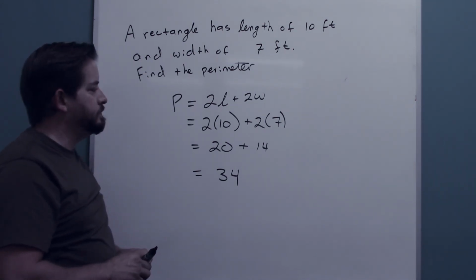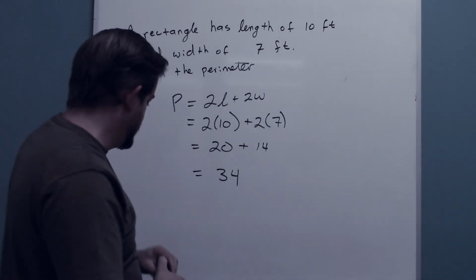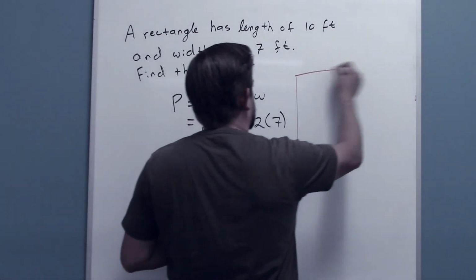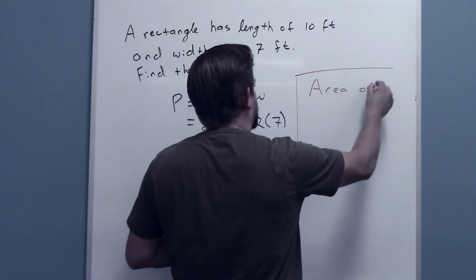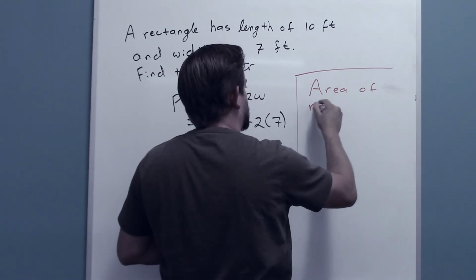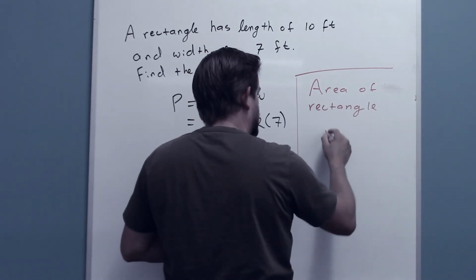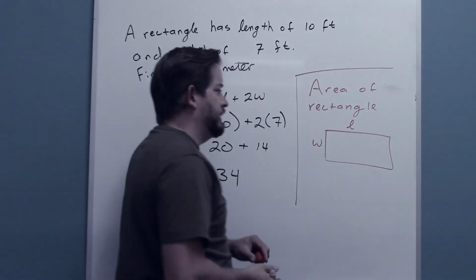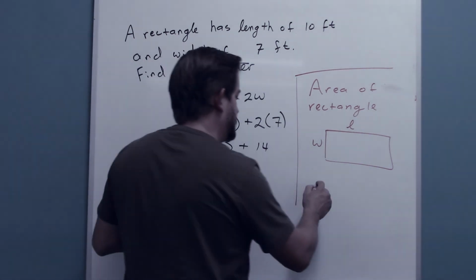Okay. Good. We can also take a look at the area of a rectangle. That same rectangle, let's say we have that W, L. Area is defined as the width multiplied by the length, right?